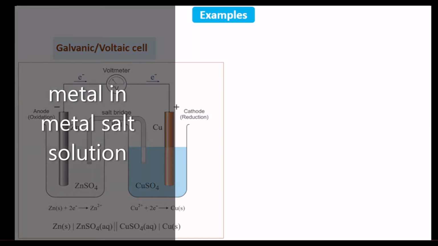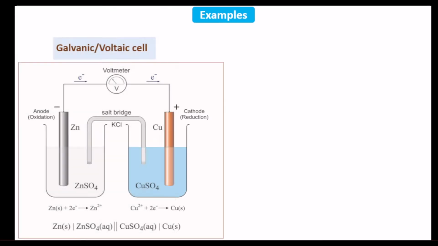As the reaction proceeds, the zinc electrode corrodes, oxidized, because two electrons are released from this electrode. These electrons travel through the external circuit and reach the cathode, where they are accepted by the copper cations, and copper becomes the neutral species and is deposited on the electrode.